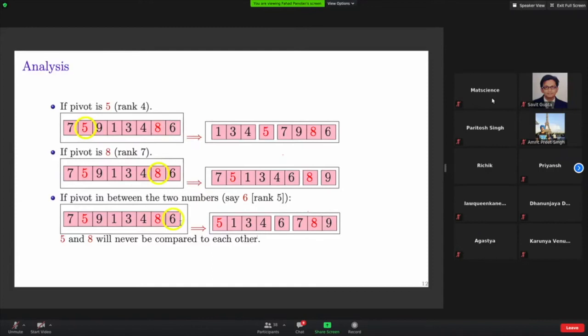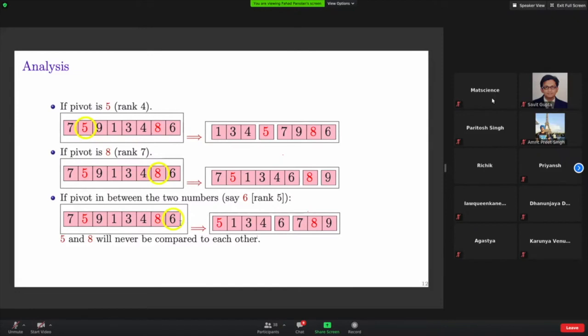After this comparison, you will get 3 subarrays, 8 and 5 will be in two different subarrays, and they will no longer be compared again. So they may be compared at most once, and that comparison happens when you choose the rank 4 element, 5, as the pivot.